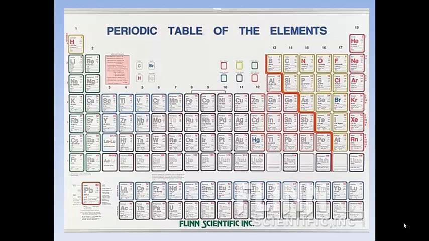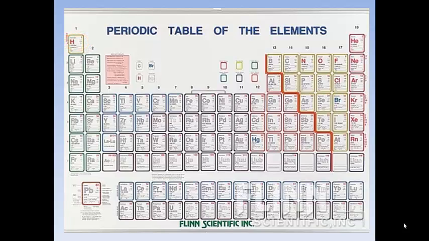Everything to the right of the staircase is a non-metal. There are several elements right along the staircase that under the right circumstance will act as metals, and those are called metalloids. And the other thing you need to note here is hydrogen, though it's on the left side, is not a metal, it is a nonmetal.